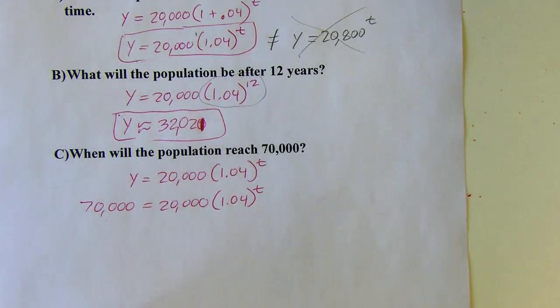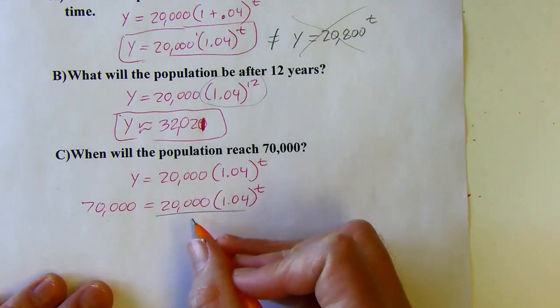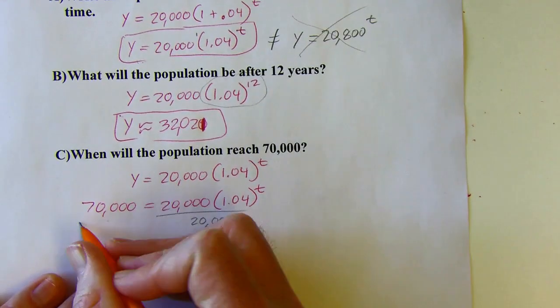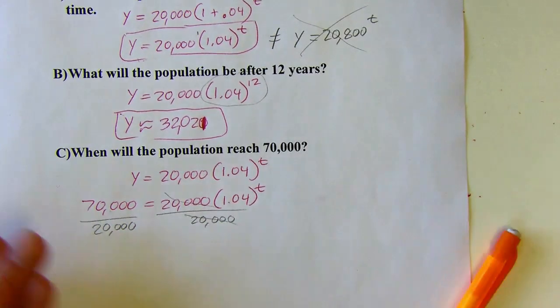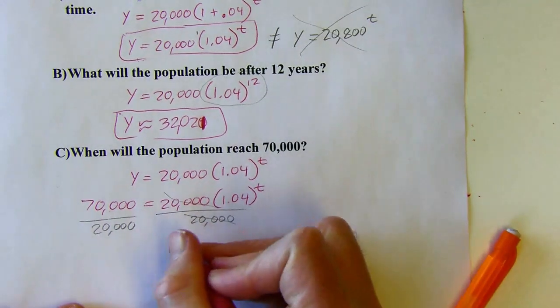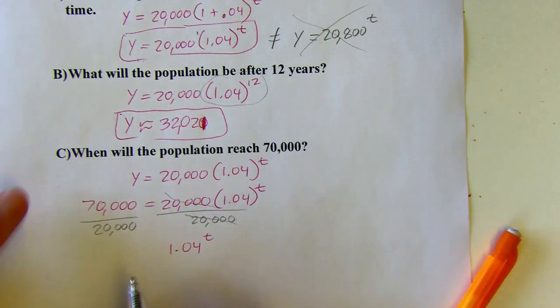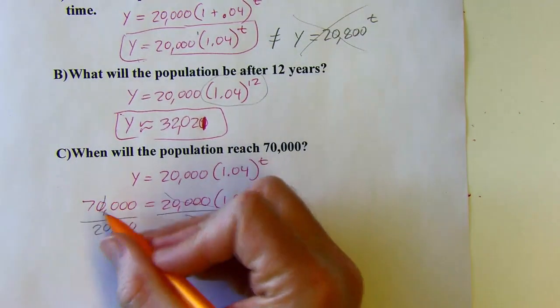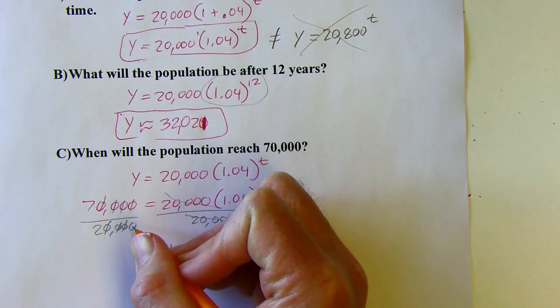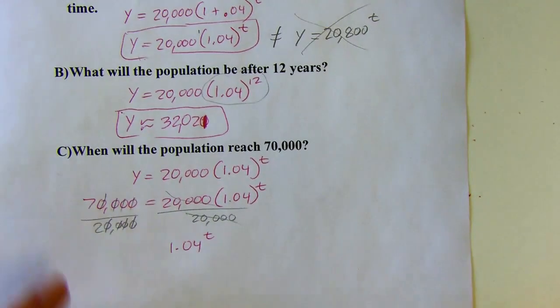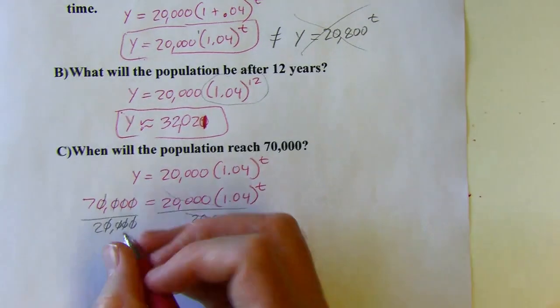Well, I can divide the whole equation by 20,000. Okay, so then those 20,000s are gone, and I just have 1.04 to the t over here. Now, all of my zeros are going to cancel out here, right, on both sides. So 7 over 2, 7 halves is 3.5.